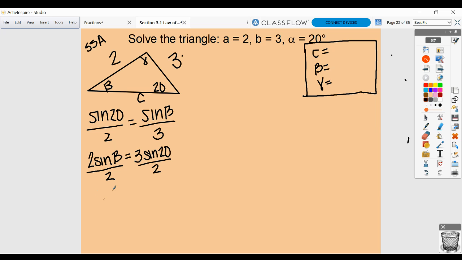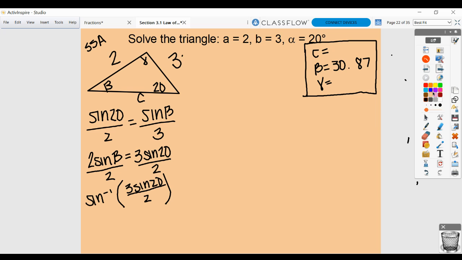And then you're looking for an angle, so you have to do that inverse. So the inverse sine of that whole thing, 3 sine 20. Make sure you close that parenthesis after the 20. Divide by 2, and you get 30.87.